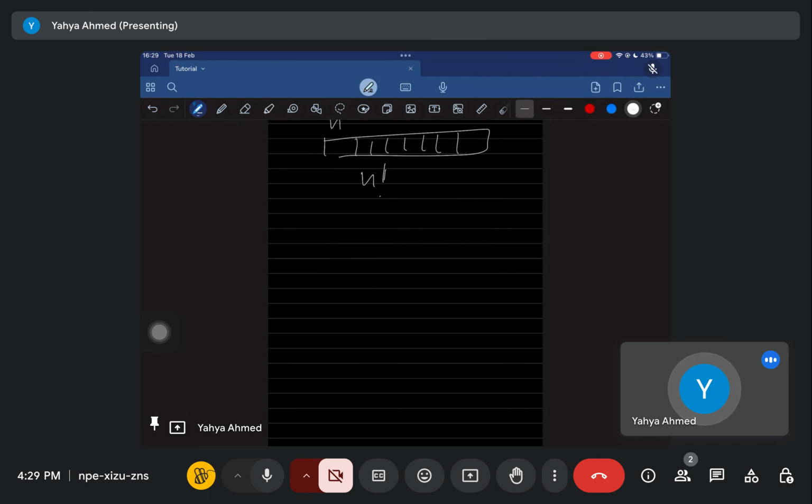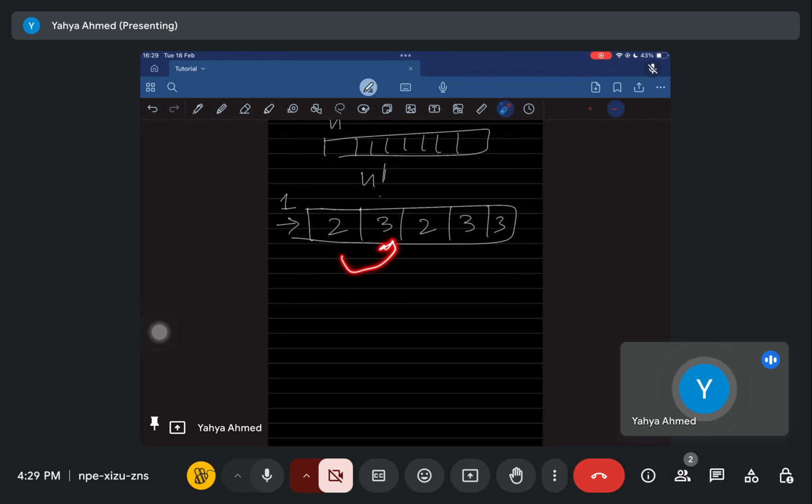Let's say our array was something like this: 2 3 2 3 and 3. Now this is exactly one permutation of this array. Another permutation of this exact array could have been if we had switched around this guy and this 3, then it would be 3 2 2 3 and 3. Let's say, for example, instead of that, we had switched around these two.